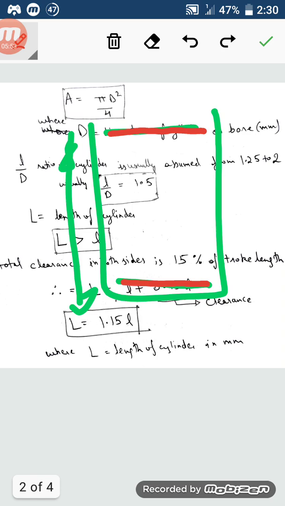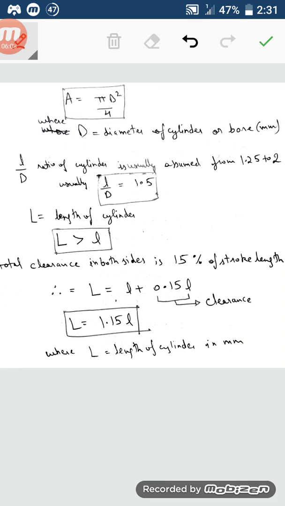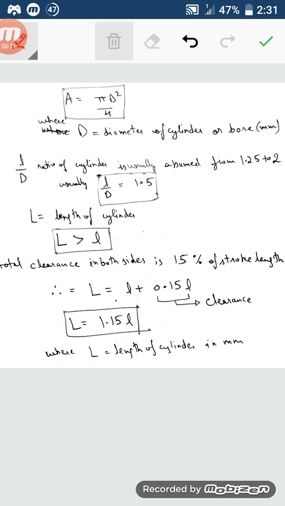So this is my small l, which is my stroke length, and the whole length is my capital L, which is the length of the cylinder. This is the difference between the stroke length and the length of the cylinder. My L will always be greater than small l. The length of the cylinder will always be greater than the stroke length.